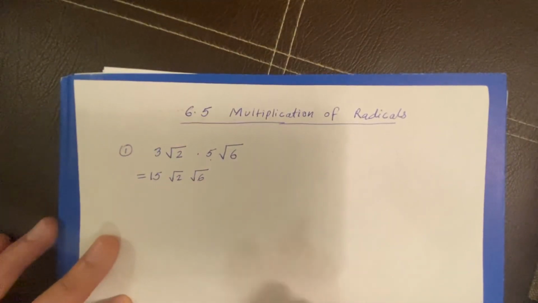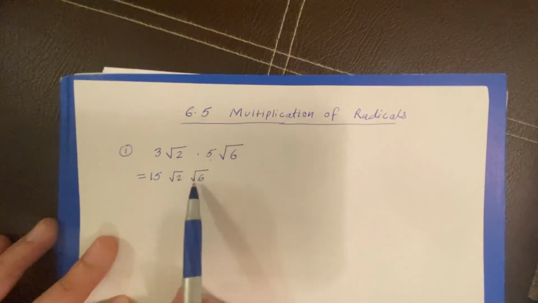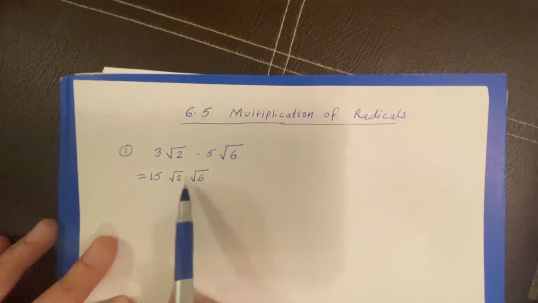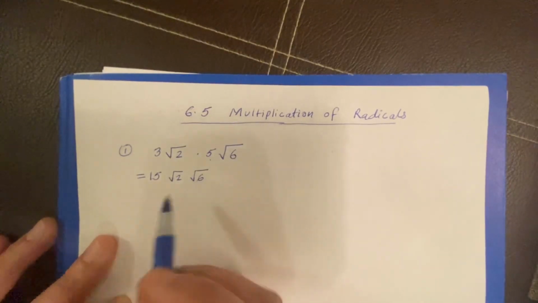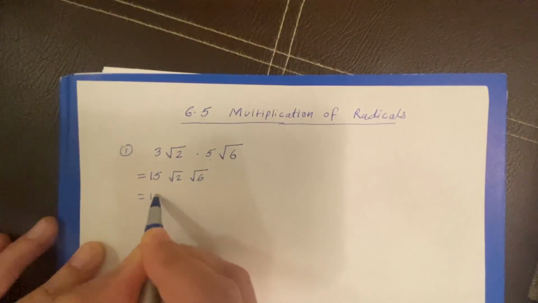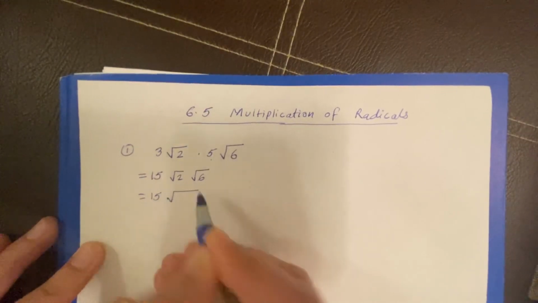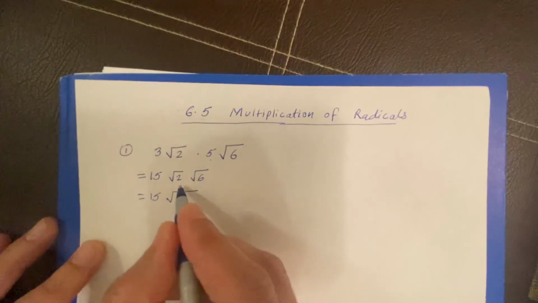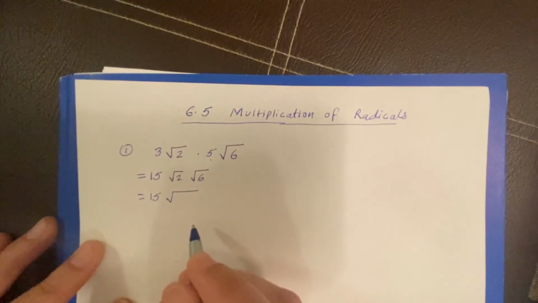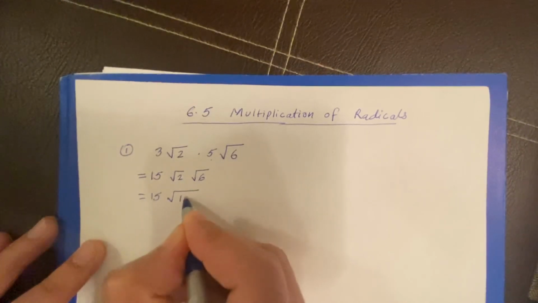Now we know that these two are square roots, which means they have the same index, 2 and 2. So in this case, we can just combine these into a single square root. So 2 times 6 is 12.